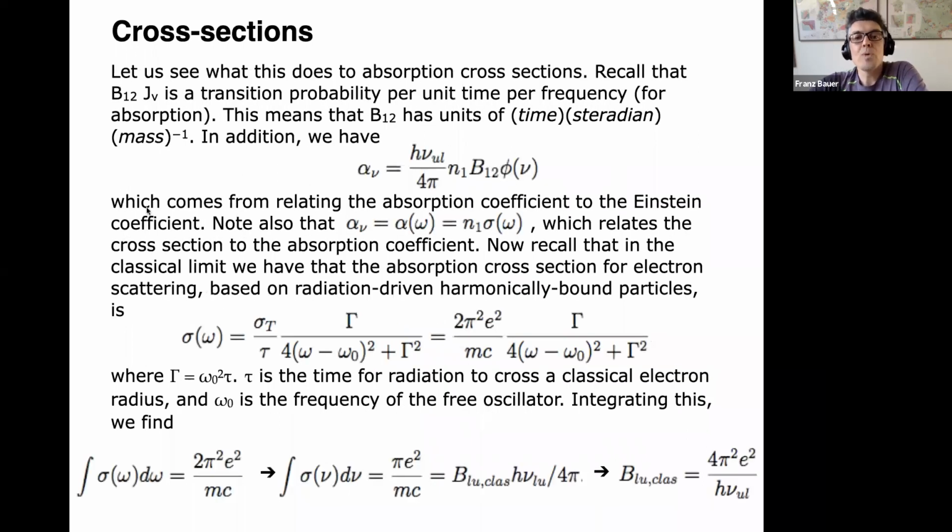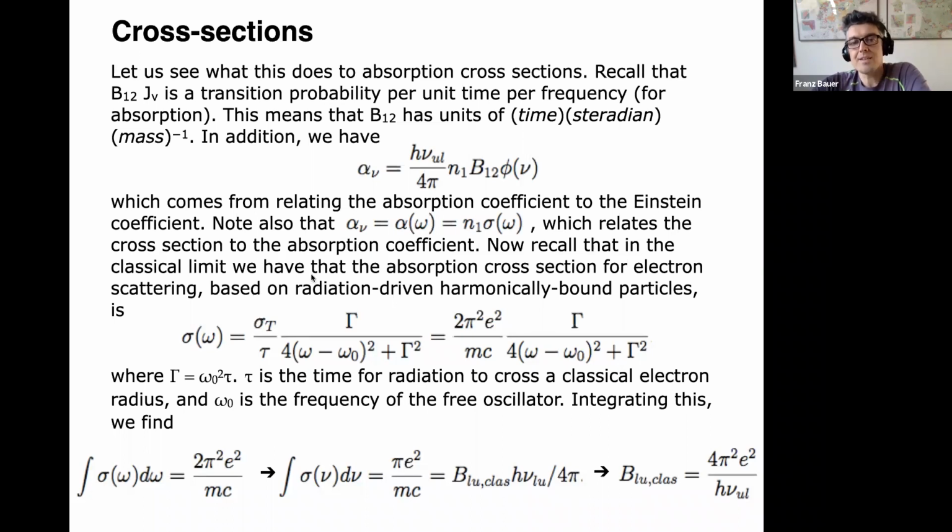So we can think about this absorption coefficient in this relation. This is going to have a frequency dependence, and we can think about this as the number of atoms and then some cross-section, which has a frequency dependence, right? And so this cross-section, if we were to rewrite all of this, is now going to take on this profile.